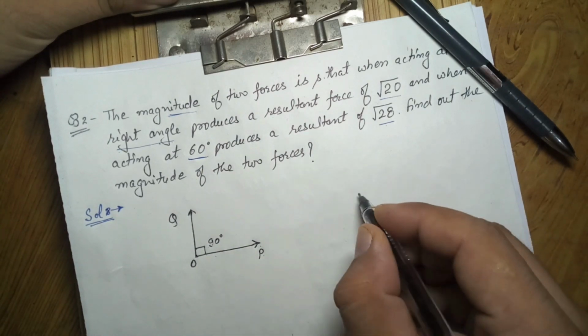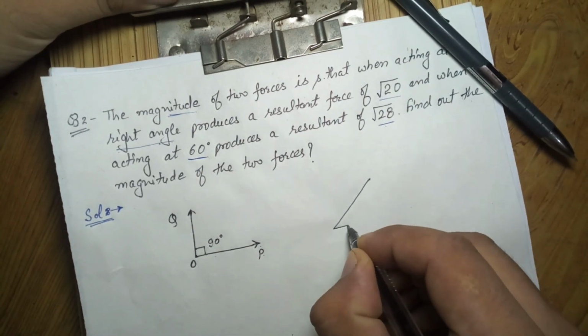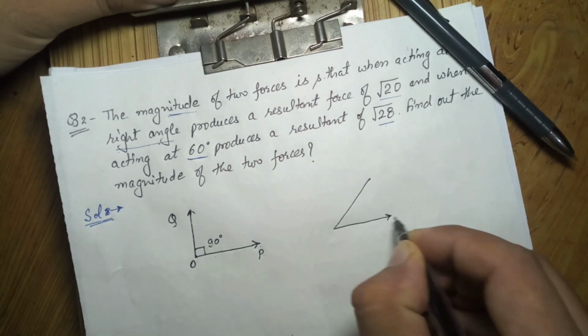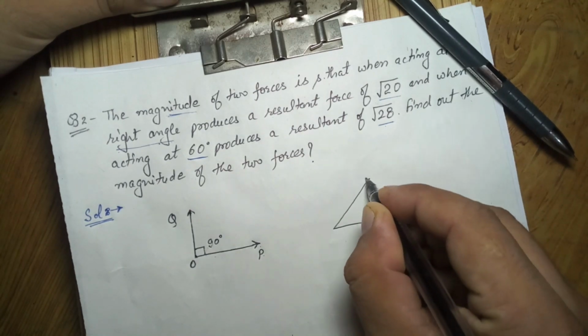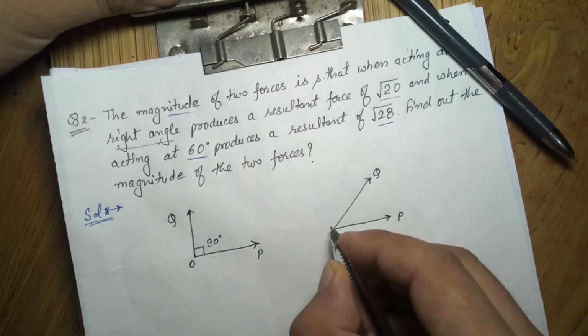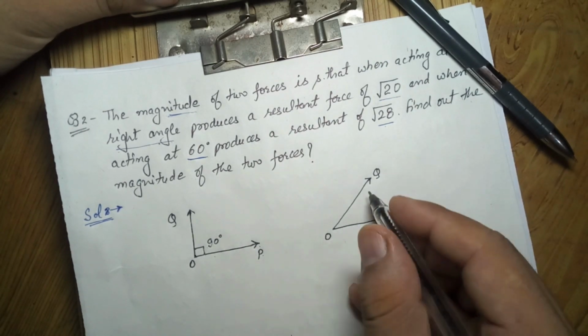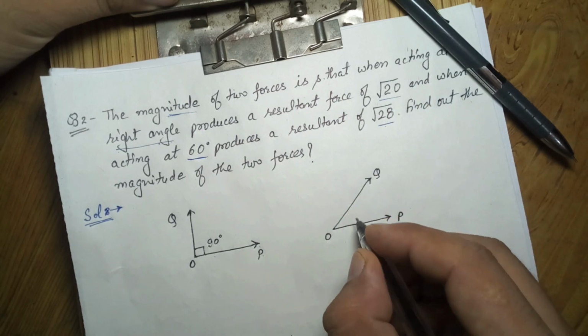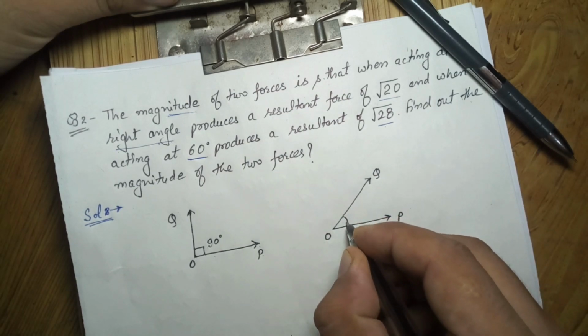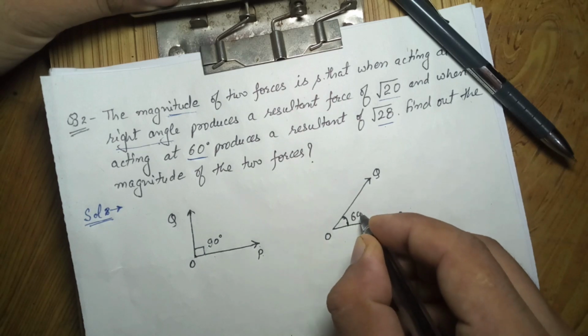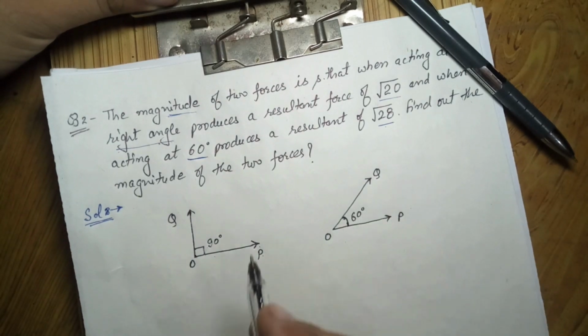Now the second case is when the two forces are acting like this. Let's say this is the direction for P, and likewise this is the direction for Q, and this is again the intersection of the lines of action for the forces P and Q. Now the angle in between is given as 60 degrees.